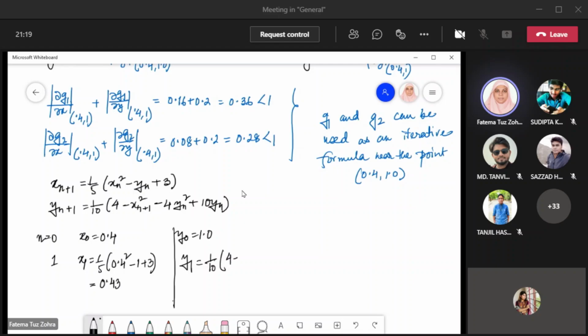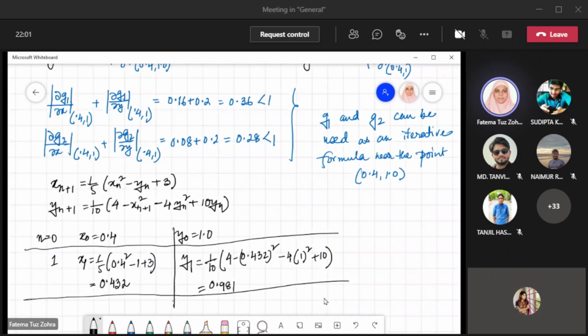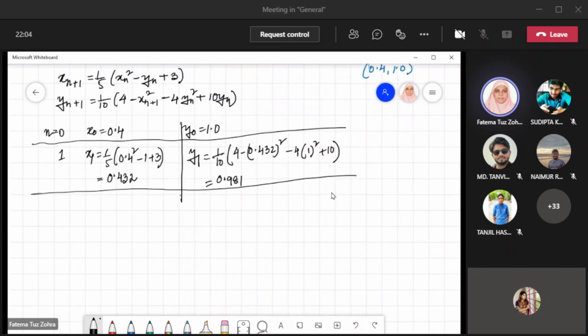And y1 = 1/10 (4 − 0.432² − 4(1)² + 10), so the value is 0.981. Obviously the two digits are not the same, so you need to continue until the two digits are the same.